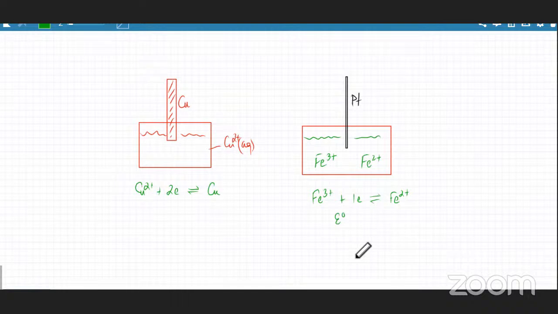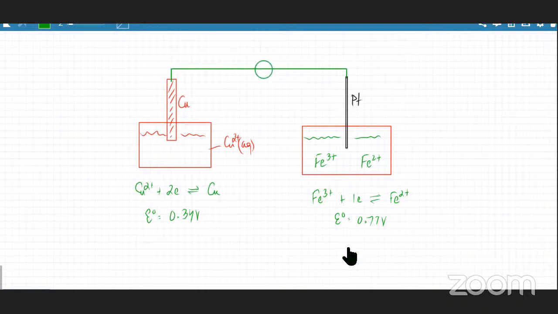यहाँ पे जो E naught value that's 0.77 volts, that's in the data booklet. और यहाँ पे जो E naught value that's 0.34 volts. So you're going to connect the two electrodes together and there's going to be a voltmeter in the middle, and there's going to be a salt bridge that always needs to be added to complete the circuit.